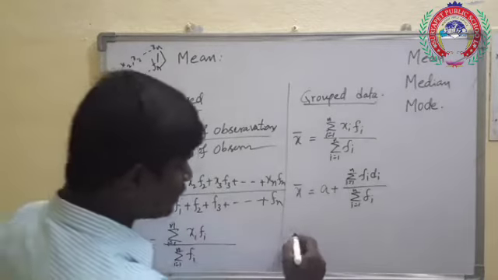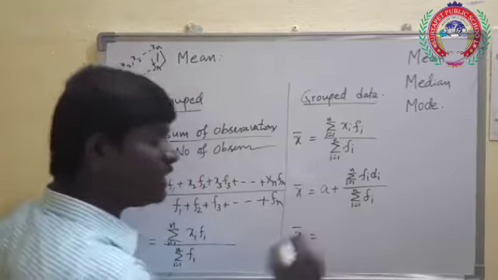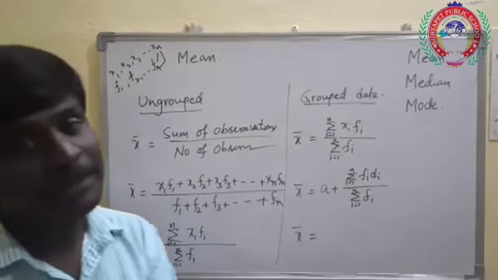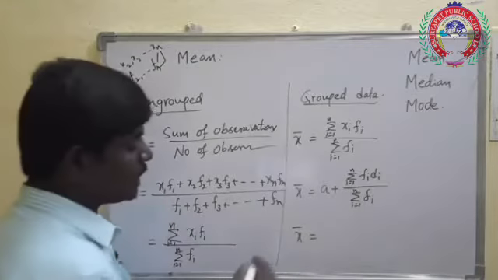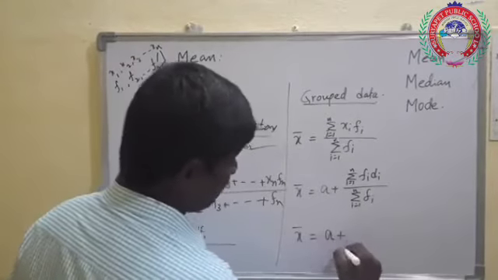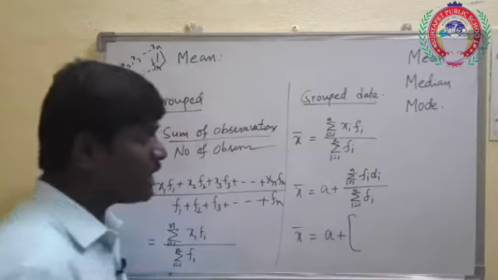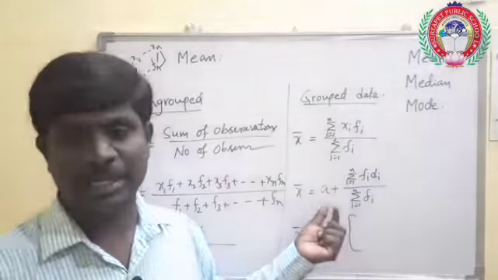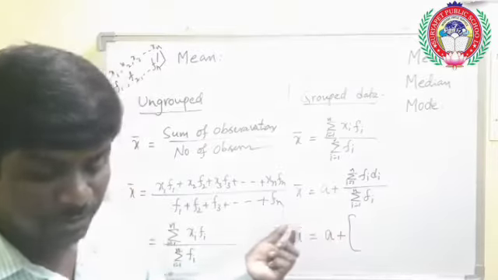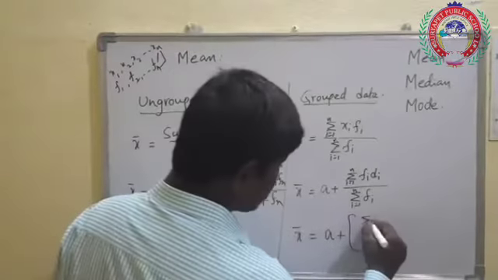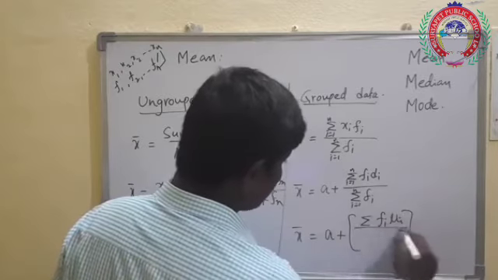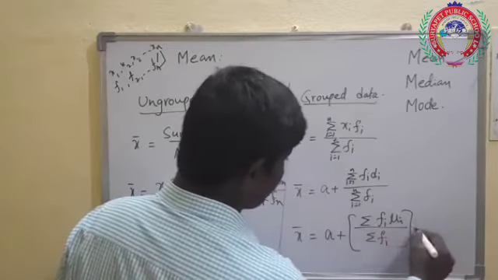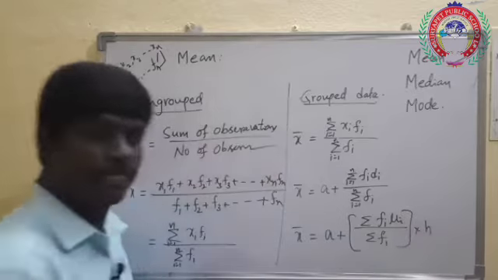And there is another method which is called the step deviation method. The formula involved in the step deviation method is a plus of sigma fi ui whole divided by sigma fi, into h, where a is the assumed mean.